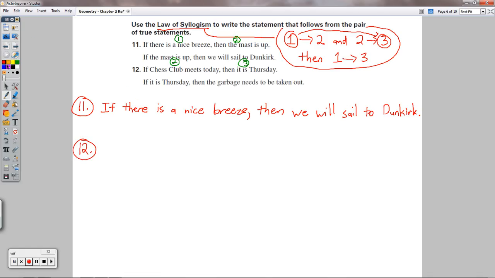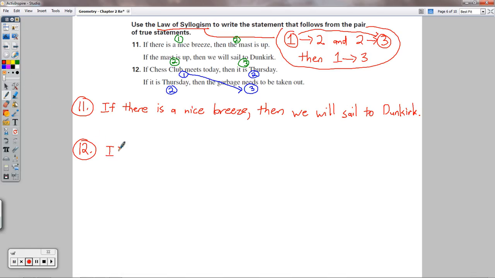All right. How about this next one? Chess Club meets today. That would be statement 1. Then it is Thursday, statement 2. It is Thursday. There's statement 2 again. Then the garbage needs to be taken out. Statement 3. So we can go right from 1 to 3 once again here. So we can say this.